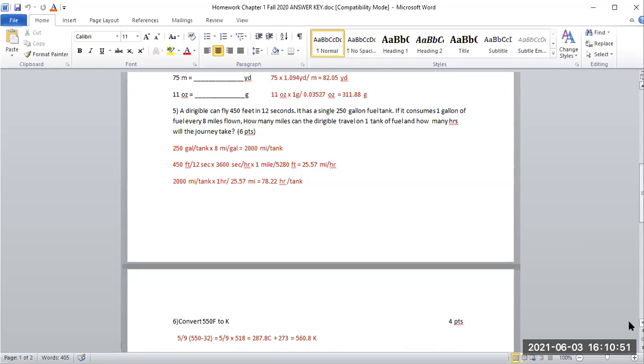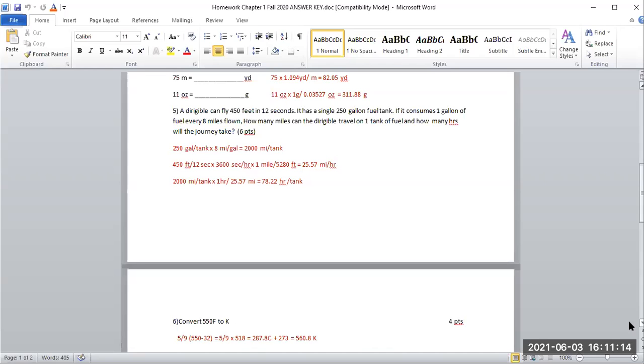So not only is this a gas sucker, it also doesn't travel very fast. 450 feet per 12 seconds, but you need to convert that into miles per hour, basically, so that you can figure out how many hours you have.